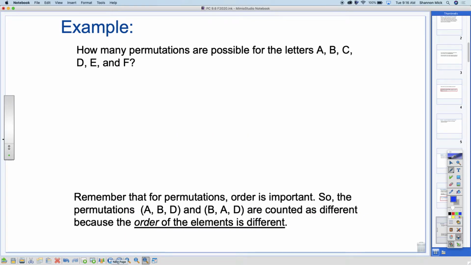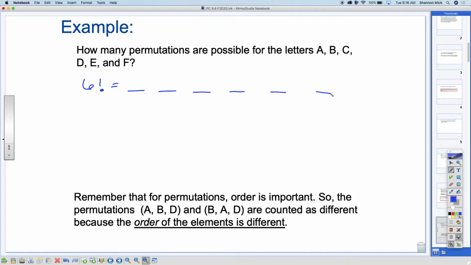Okay. How many permutations are possible of the letters A, B, C, D, E, F? How many letters do I have? 6? Okay. So it would be 6 factorial, correct? Because, I'm going to show you why again.